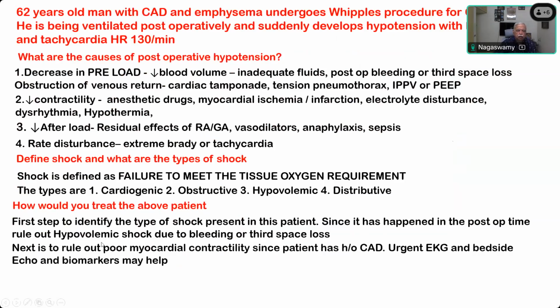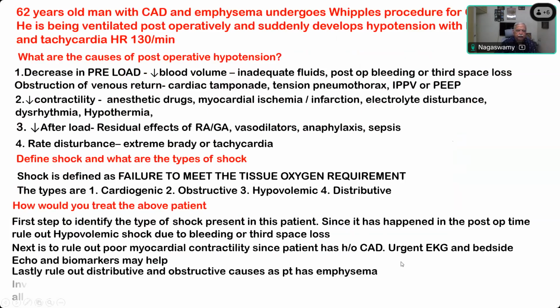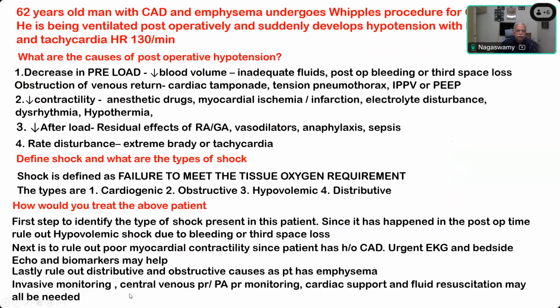Next is to rule out poor myocardial contractility since the patient has CAD; urgent EKG, bedside echo and biomarkers may help. Then lastly, rule out distributive and obstructive causes as the patient has emphysema. And invasive monitoring, central venous pressure, PA pressure monitoring, cardiac support and fluid resuscitation may all be needed in this case.